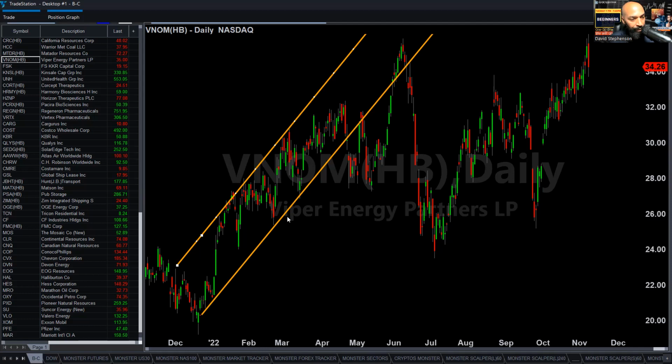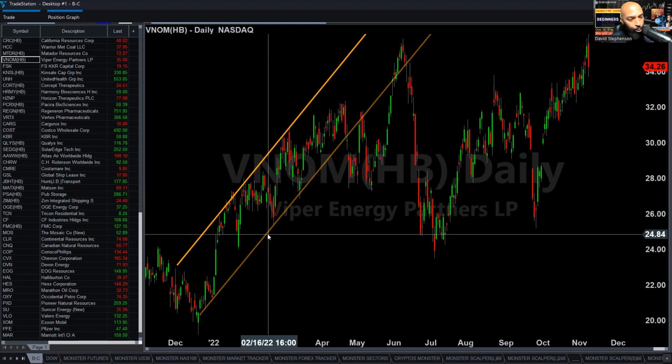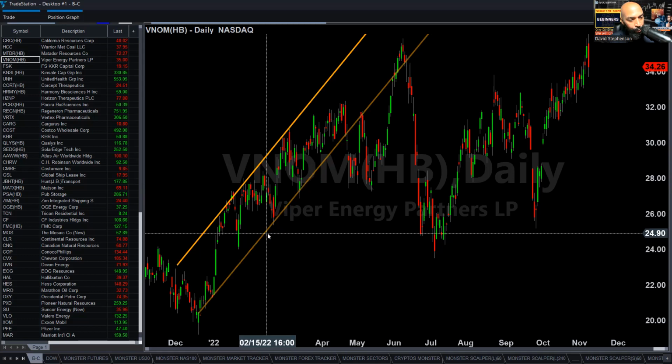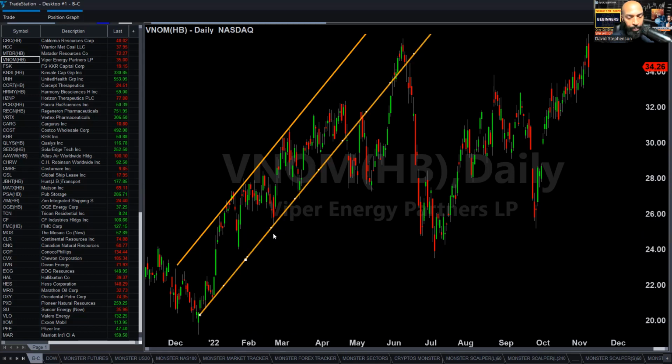We could move this a bit, right? Just like when we draw support and resistance, we want a minimum of perhaps two touches or so. The more touches, the more support we have, the more resistance we have. Same thing here.